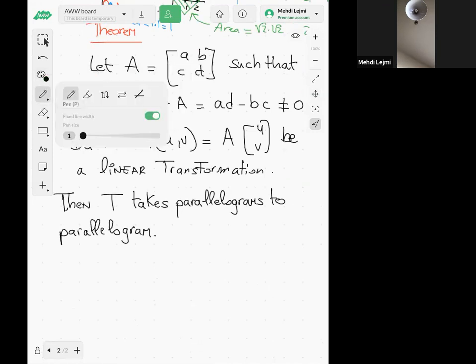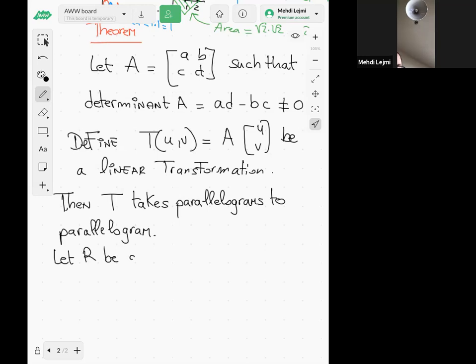Well, so let's say you have R be a parallelogram. Let me just remind you, the area of a parallelogram, the area of R, is just the base times the height, right? It's base times the height.